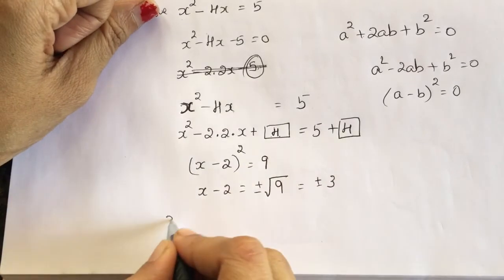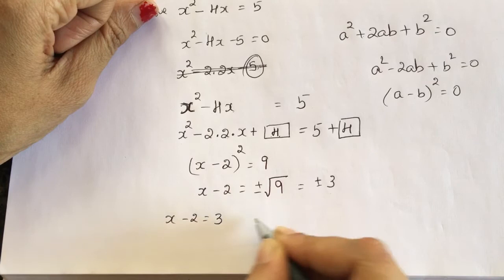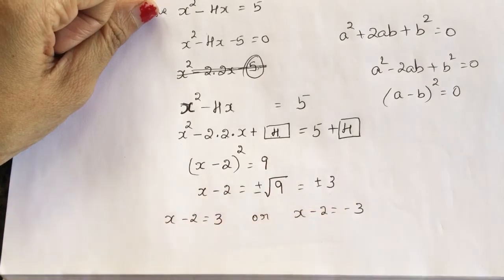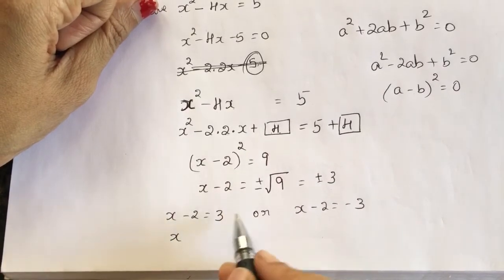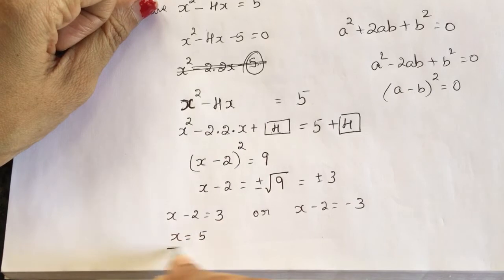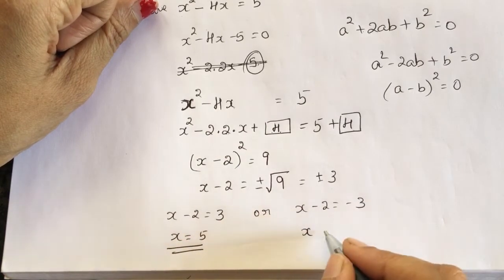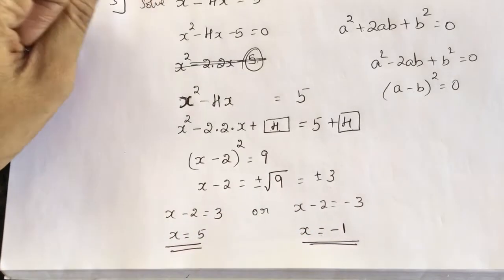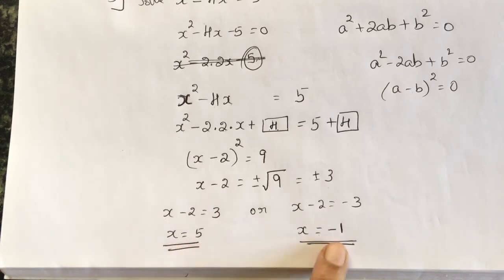Now you take x minus 2 equal to plus 3, or x minus 2 equal to minus 3. When x minus 2 equals 3, then x equals 5. If x minus 2 is minus 3, then x equals minus 1. Got the point? These two are the roots, 5 and minus 1.